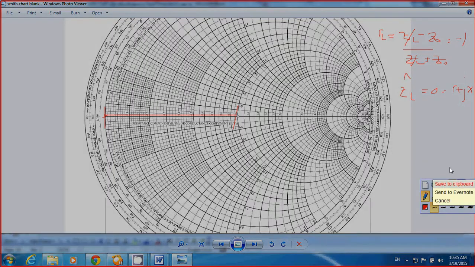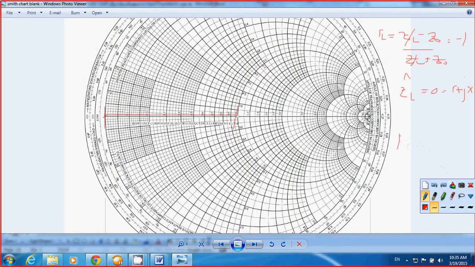And your tau L becomes the magnitude of tau L and the phase angle. Now where is your phase angle? You start here, you go counterclockwise, come down here. How many degrees? 180 degrees, or pi radians. So this tau L with 180 degree phase angle gives you what? Negative 1, right?